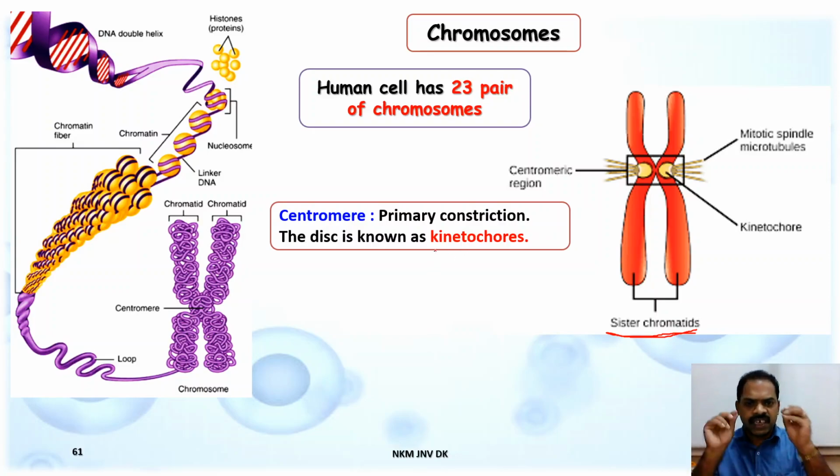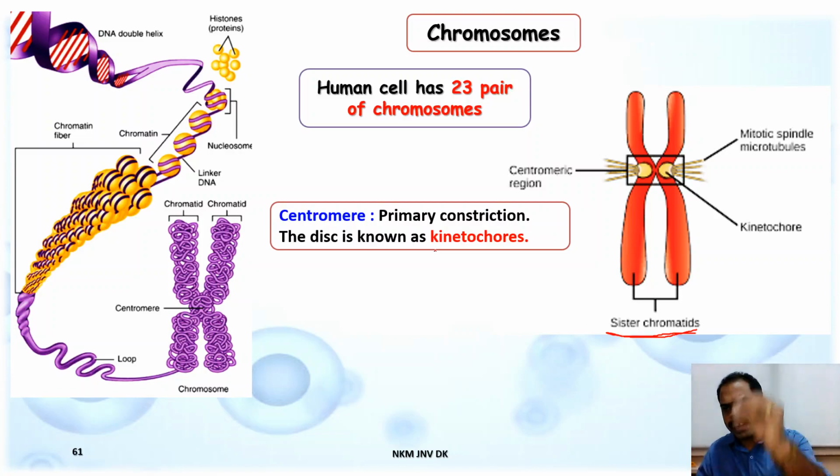Joining means primary constriction. You can see there are constrictions here, here, here. Where the primary constriction is, that is called the centromere. The centromere has a disc-shaped structure, that is called the kinetochore.